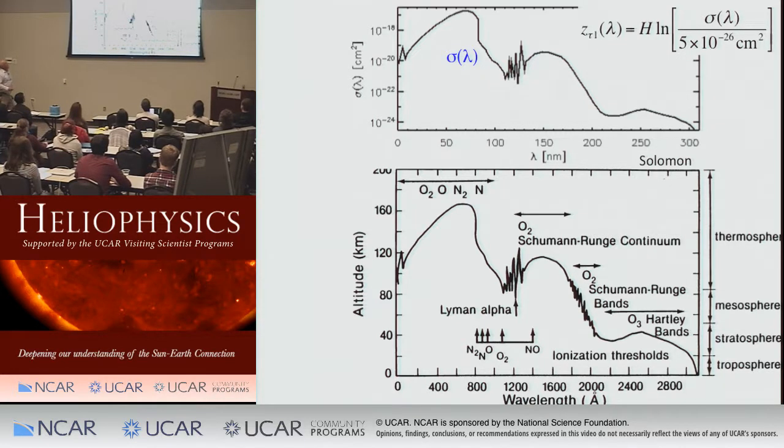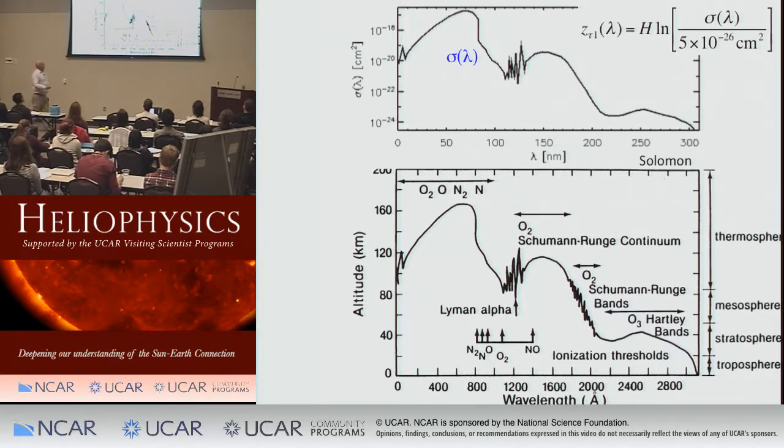And down here, this is the actual plot from the textbook, the different main contributors to that cross-section. Down here in the 2,000 to 3,000 angstrom region, what's happening is it's ozone, right? Oxygen 3, not our friendly oxygen 2 molecules, but this weird oxygen 3 that is doing most of the absorption, okay?